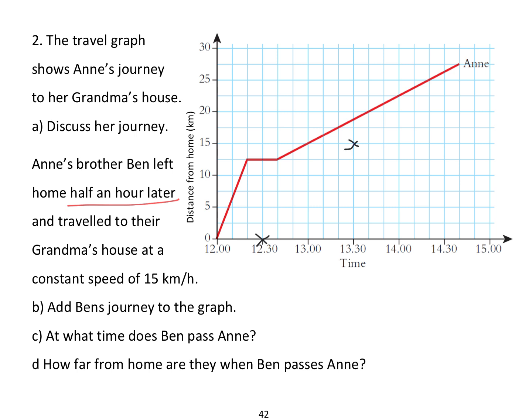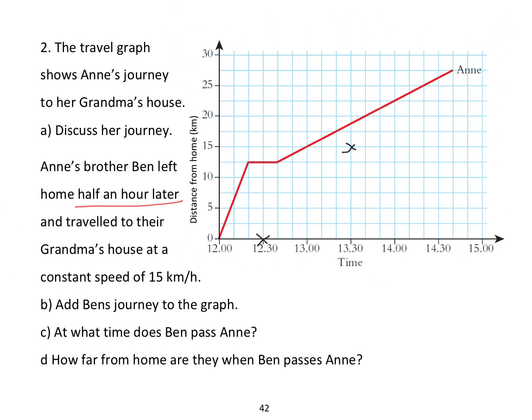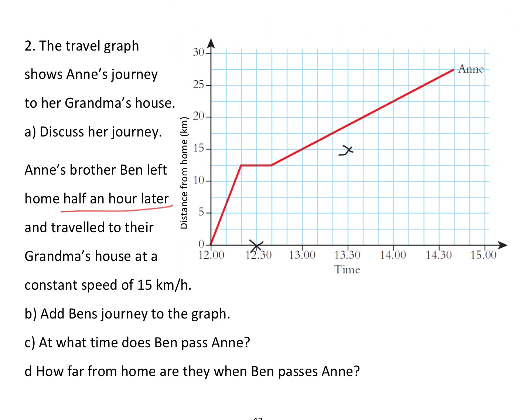And then that gives us a marker to draw our line. We know that he's going at that rate. So that's the steepness of the graph, and it should basically stay like that for the whole time until he gets there. So 12:30, that line. How long should it be?